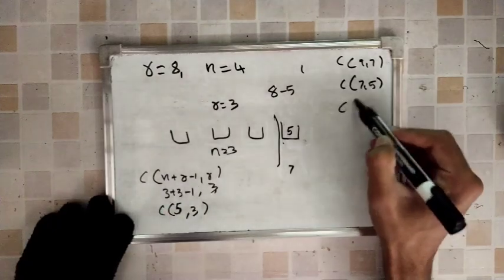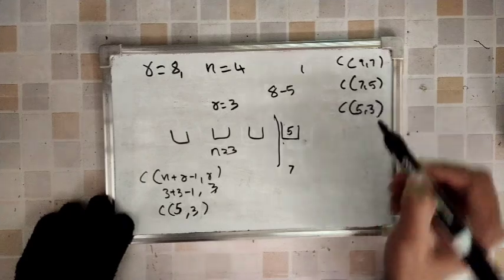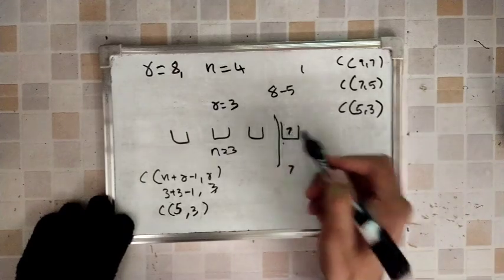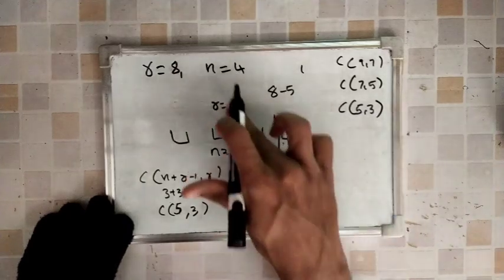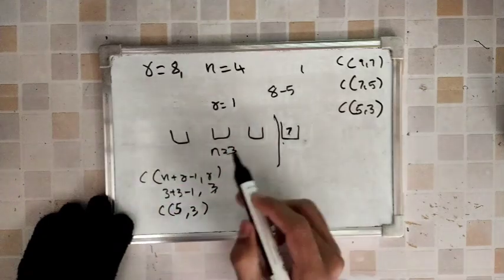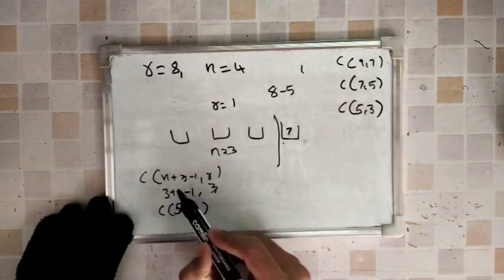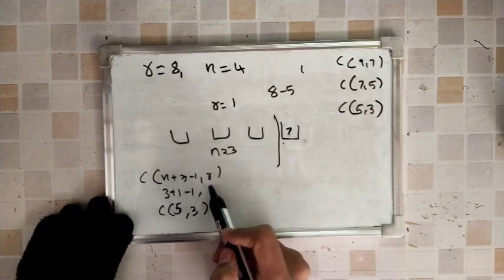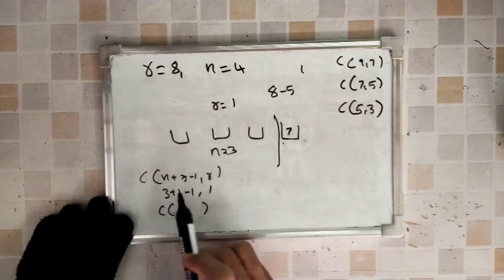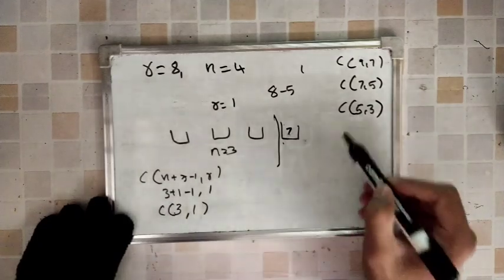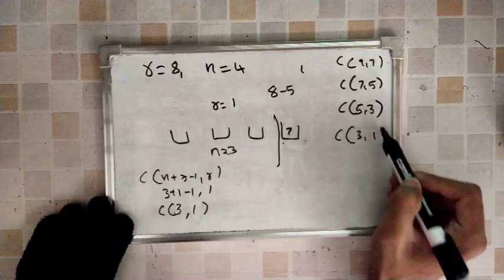Then I have C of 5 comma 3. Then I will insert 7 here, so r will be 1 now. Only 1 I can insert. So here r is 1, and this becomes 3 plus 1 minus 1, which is 3 itself, and here C of 3 comma 1.